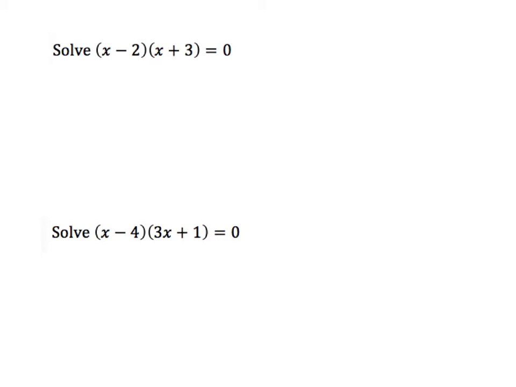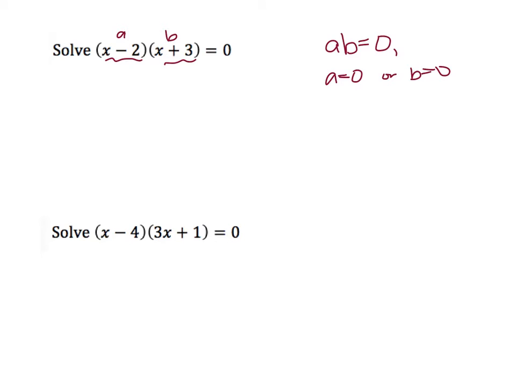Looking now at some examples, for our first one we have x minus 2 times x plus 3 is equal to 0. Right now I have two factors. I'm going to look at each of these as if this is a and this is b. The zero product property says that if ab is equal to 0, then a is 0 or b is 0.